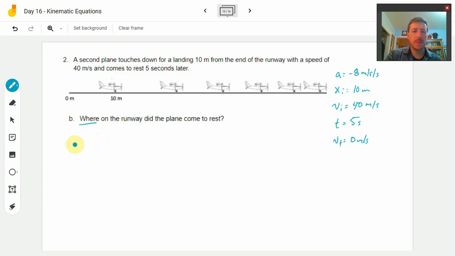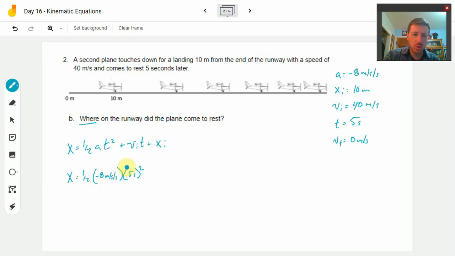So now we want to know where on the runway. So we're talking about position. So the position is equal to 1/2 the acceleration times the time squared plus the initial velocity times the time plus the initial position. So let's plug in what we know. So the position that it ends up at is equal to 1/2 acceleration, which is negative 8 meters per second per second, times our time, which is 5 seconds, squared.